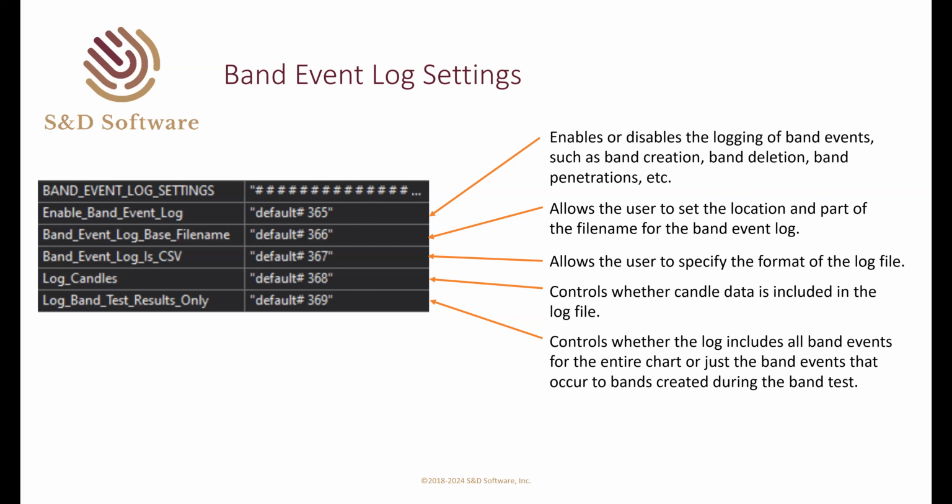CSV stands for comma separated value. And CSV files can normally be imported by most spreadsheets. Excel, for instance, will pull in these log files very easily. And so that's how you can get the information from the band test in a format that you can easily import into external tools, such as Excel.